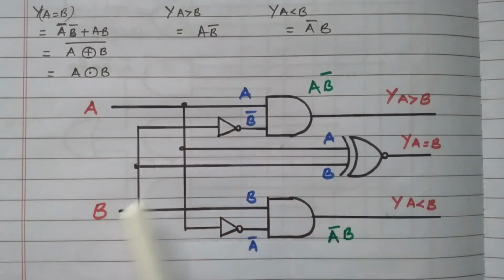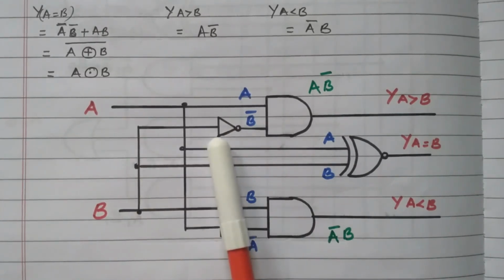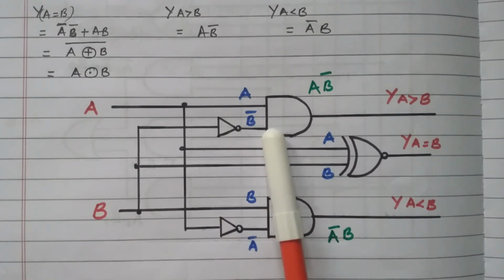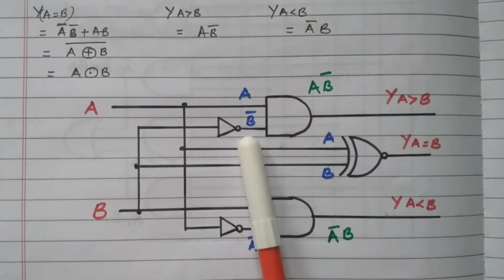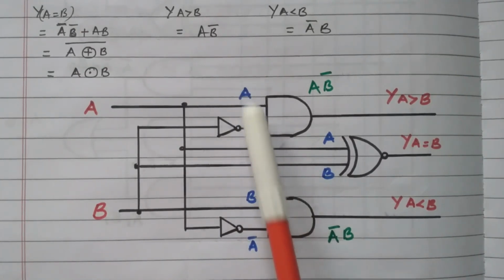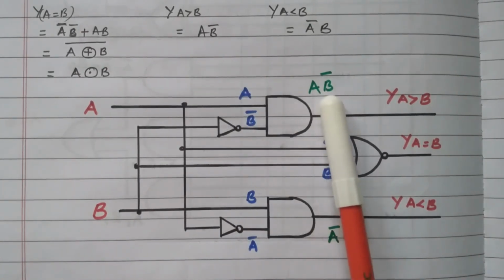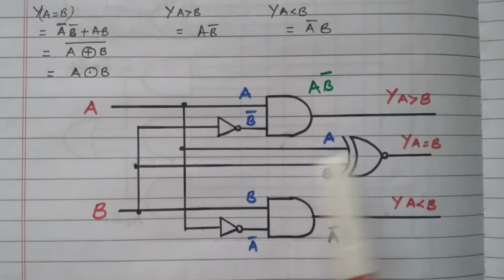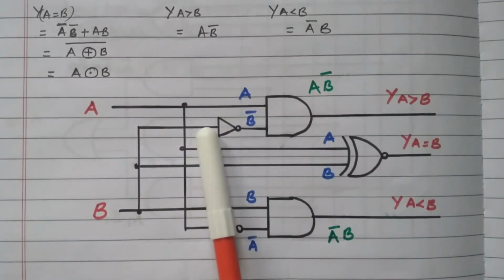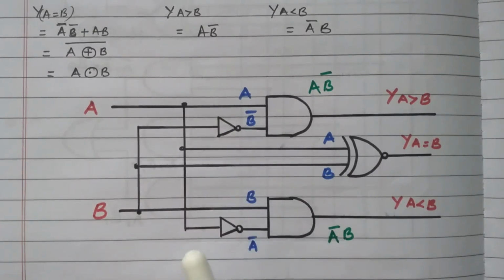We need B bar, so input B is taken and connected to one NOT gate, then it is connected to this AND gate. After the NOT gate we get B bar, so the input to this AND gate is A and B bar. The output will be A into B bar, that is nothing but the logical expression for A greater than B.